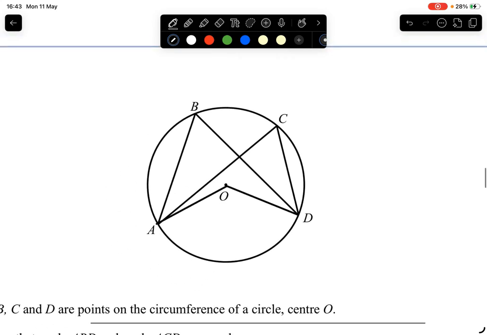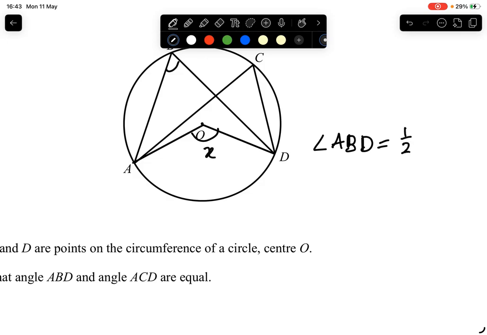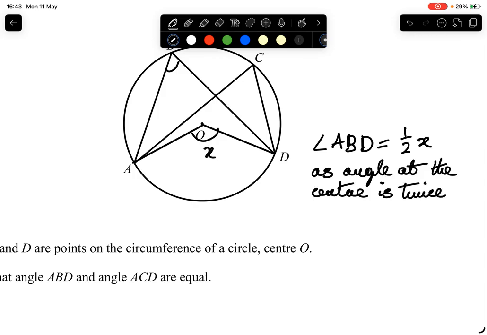Then we have that angle ABD is equal to, if I call that x, 1/2 x as angle at the centre is twice the angle at the circumference.